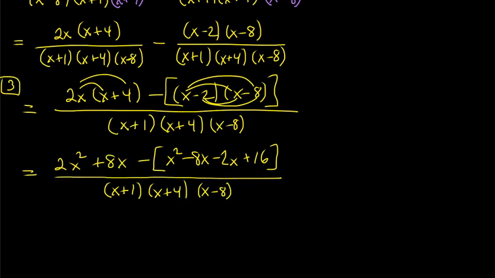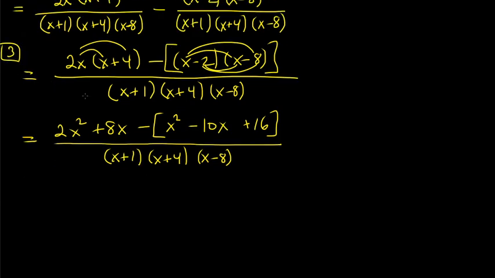One thing we can do in our heads here, negative 8x minus 2x, is negative 10x. So we'll just fill that in. Oop, careful. This is minus 10x. Okay.